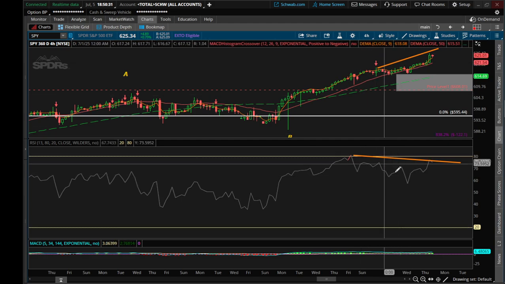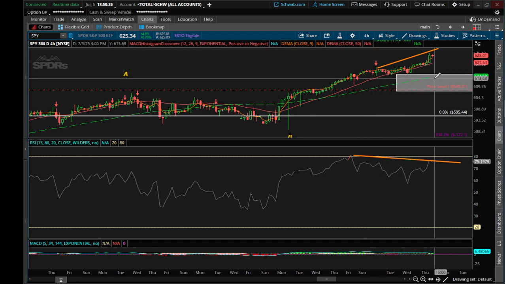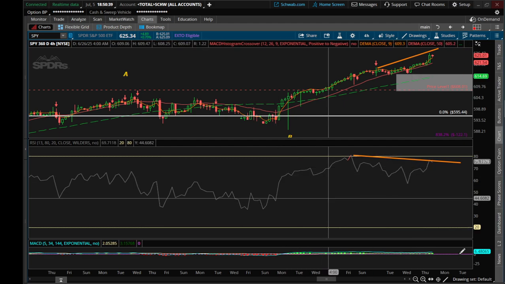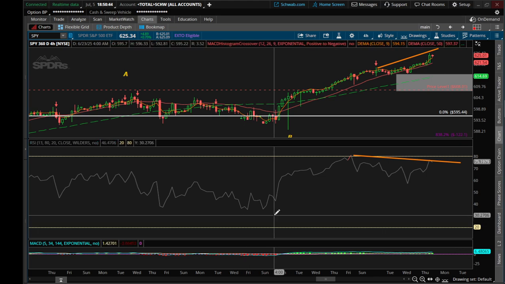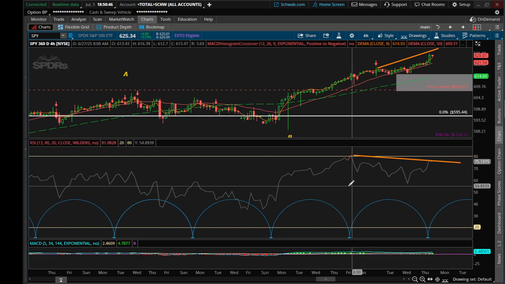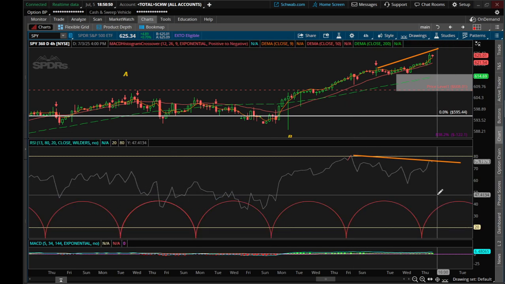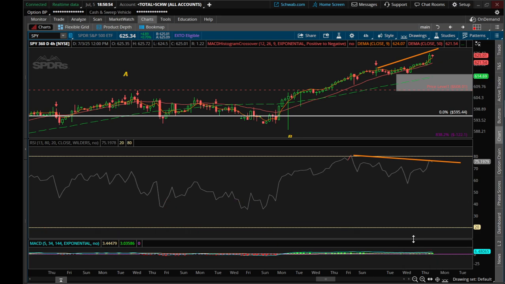I mean, this just kind of tells me that maybe we get a pullback, that shallow pullback. Because I have to say that this is all one cycle here. So let me think here. Okay. So let's look at the MACD then real quick.